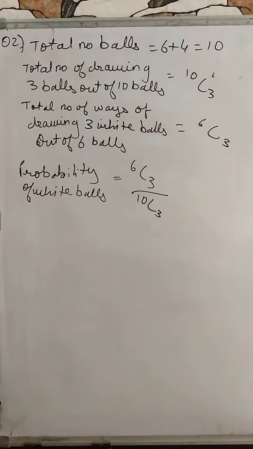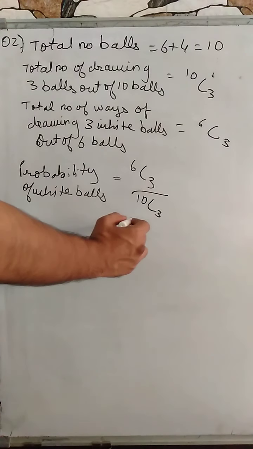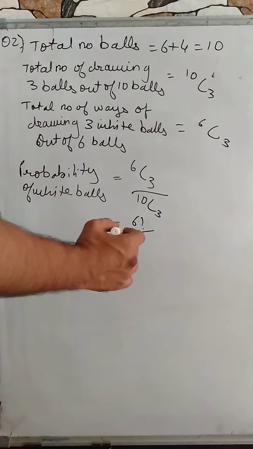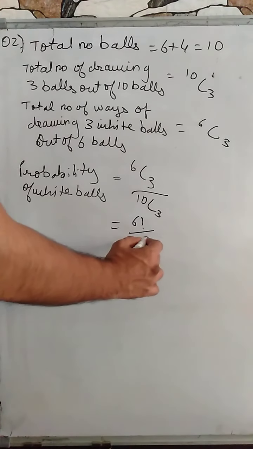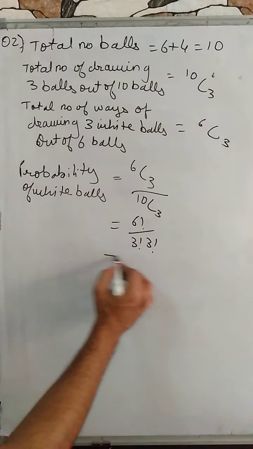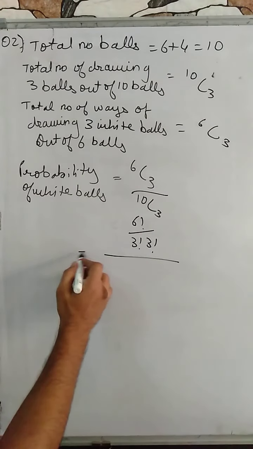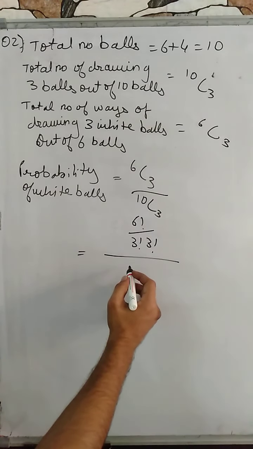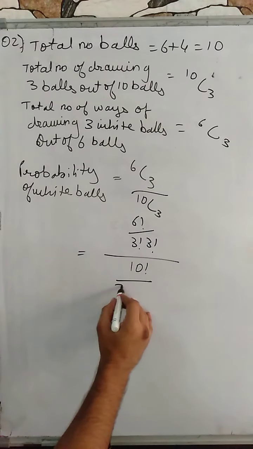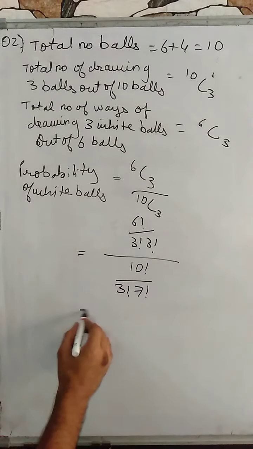So let us apply the formula and find the value. This comes out to be 6 factorial upon 3 factorial into 3 factorial, that is n factorial upon r factorial into n minus r factorial, right? And this upon 10 factorial upon 3 factorial into 7 factorial.